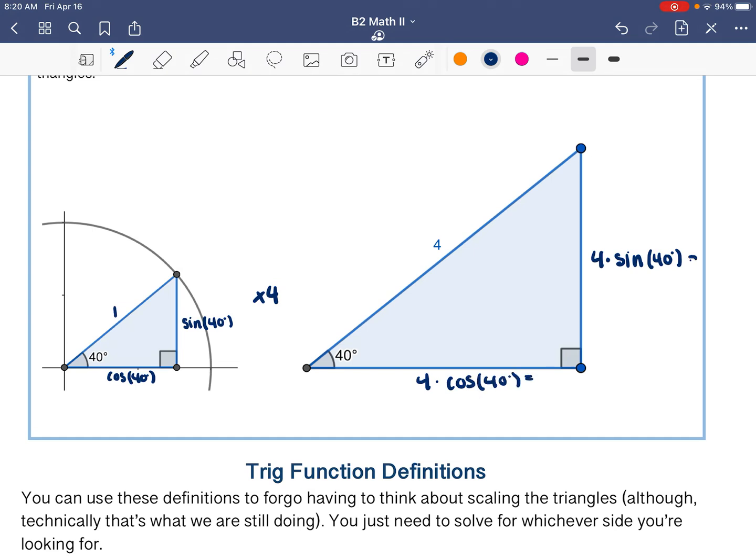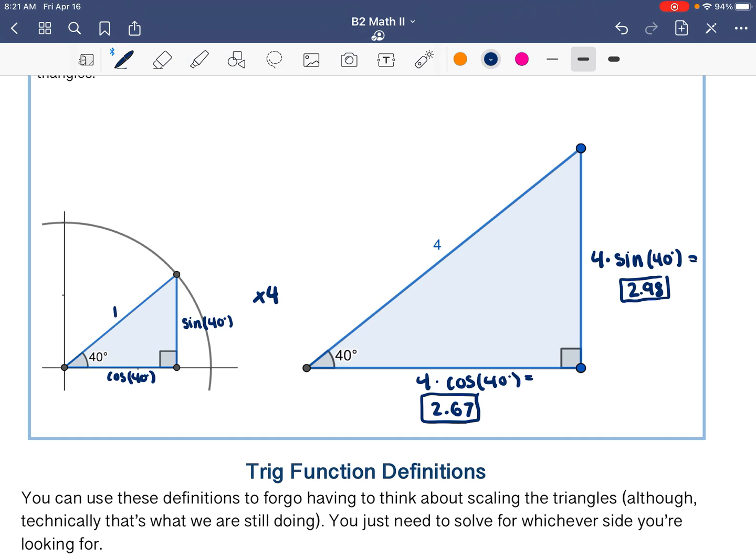And I will get those values really quickly. It looks like that's 2.67 for that side and 2.98 for this side. It's always good to double check. I never know if my book is correct.